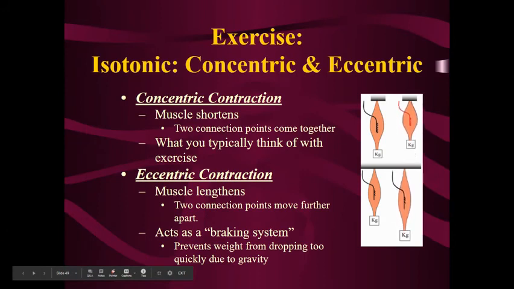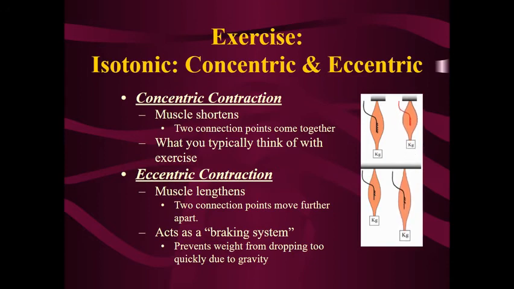Now, if we look further into isotonic contractions, they can be divided into concentric and eccentric. A concentric contraction is when the muscle shortens and two connection points come together. And that's what you typically think of when you think of exercise. You think of using your muscle, shortening your muscle.